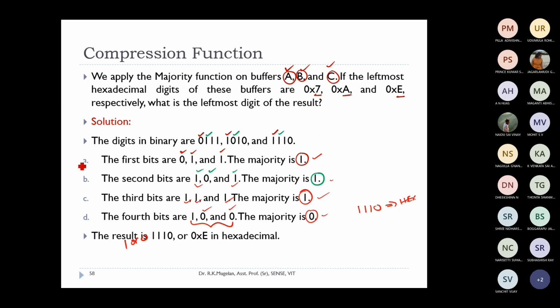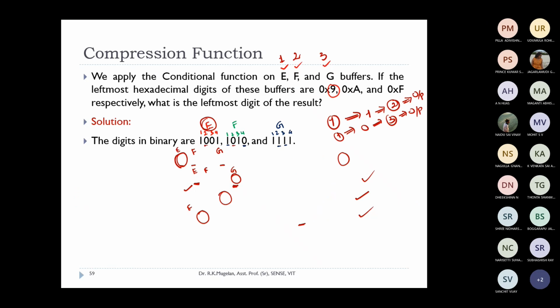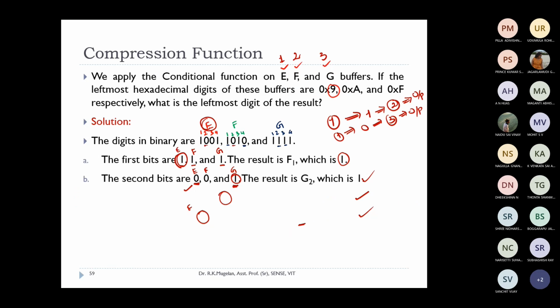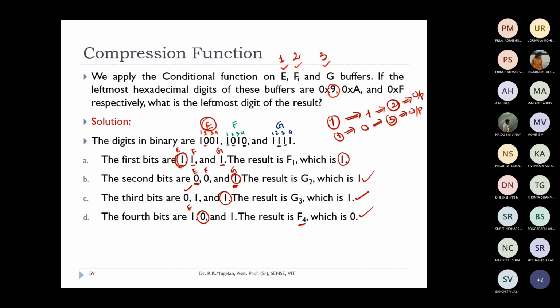But your iterations, like this one, this is first bit, second, third, and fourth. Here we'll be continuing with fifth, sixth, seventh, and eighth. So no issues. This confusion may occur only if you have an even number of inputs, but the operations of majority and conditional do not apply with more than 3 bits as input.